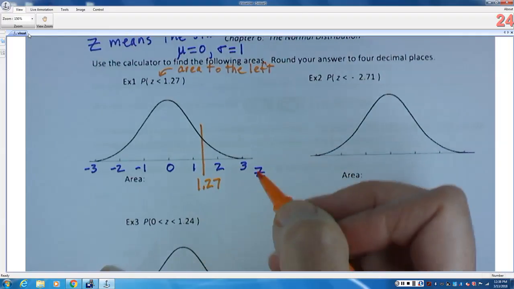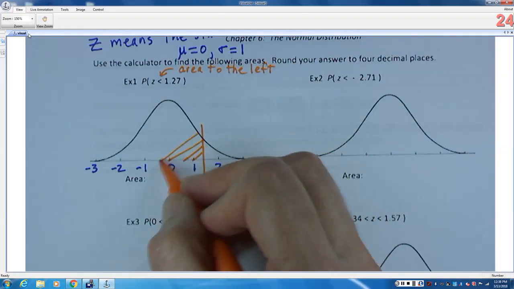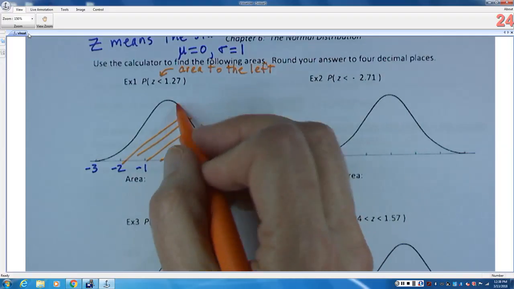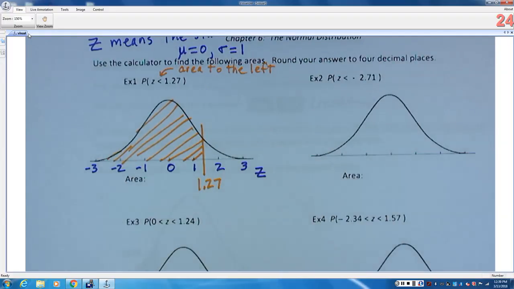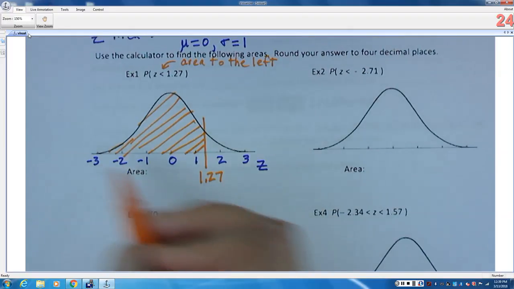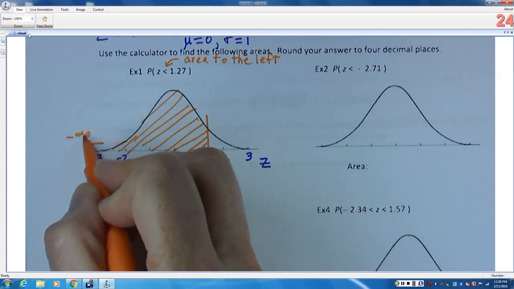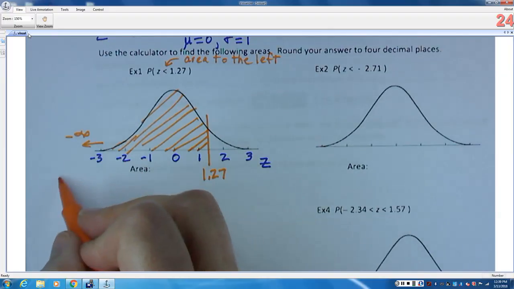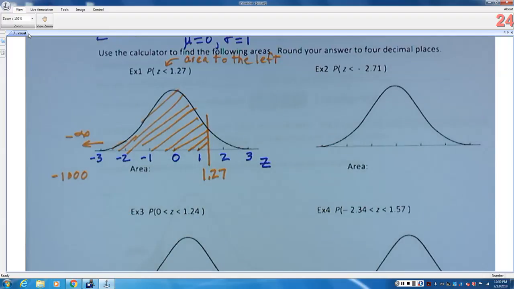And then because we're looking for the area to the left, you shade the area to the left. You can shade it however you want, but it has to be shaded. And it's going to negative infinity, so we use just a large negative number like negative 1,000.